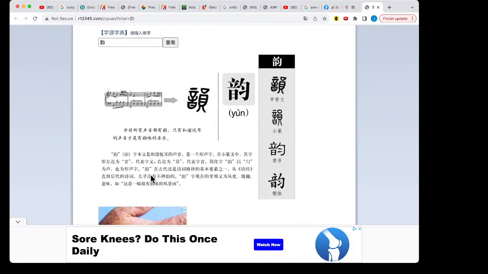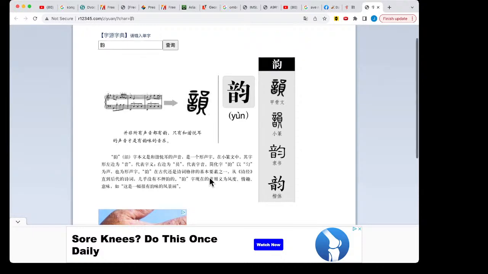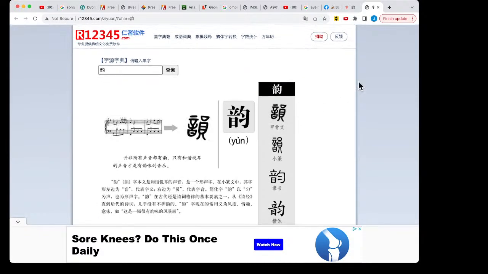But in the modern simplified version, they changed the right part and use a simpler one that is pronounced the same, to make it easier to write. And so that's the character.